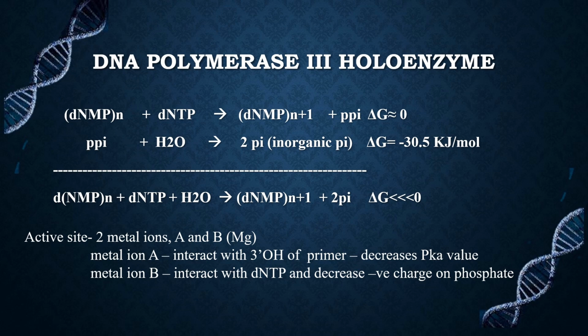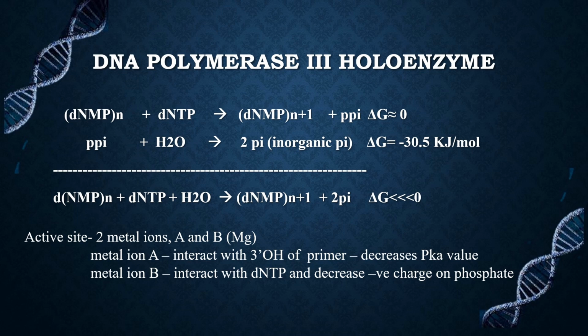That is the hydrolysis of pyrophosphate. Its energy change, delta G, is highly negative. And altogether the reaction becomes dNMP(n) plus dNTP plus H2O gives dNMP(n+1) plus 2 inorganic phosphate.